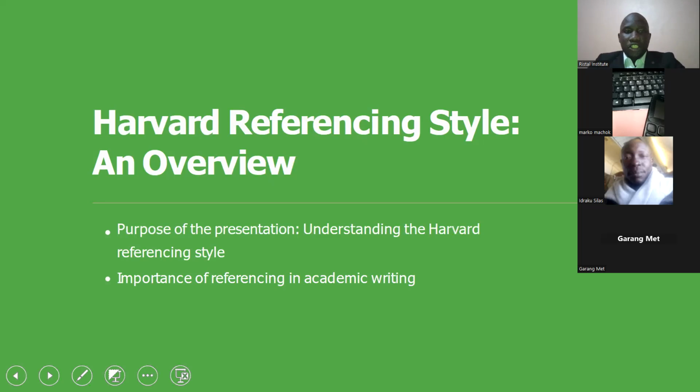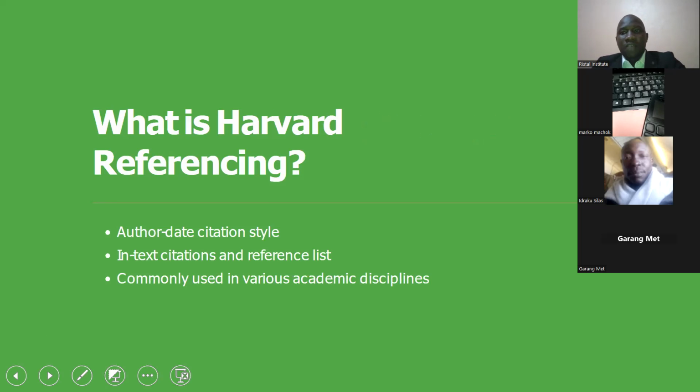So in this presentation, we want you to basically understand the different guidelines as used in Harvard referencing style and why it is actually very important. Harvard referencing style is one which actually uses the author and then the date.